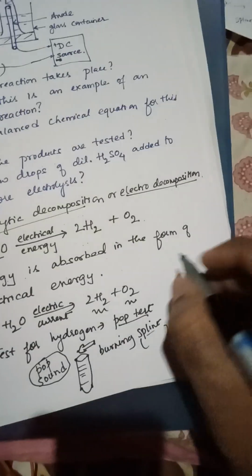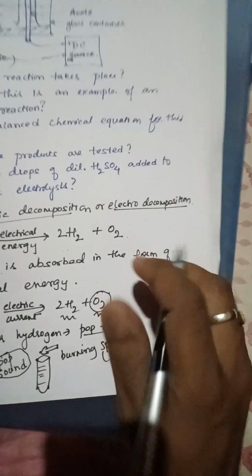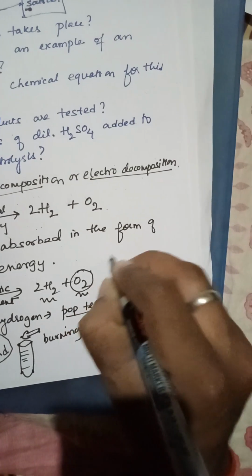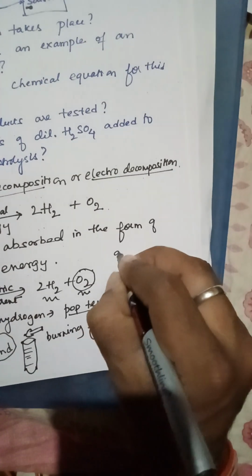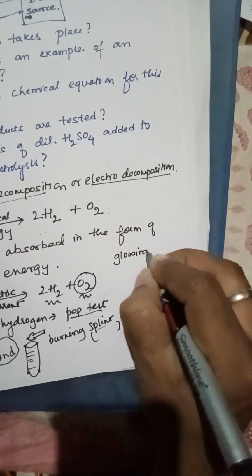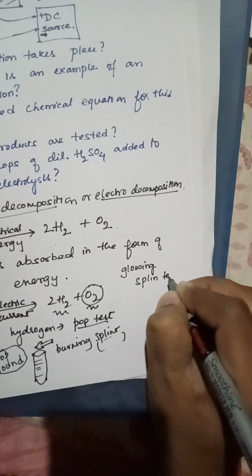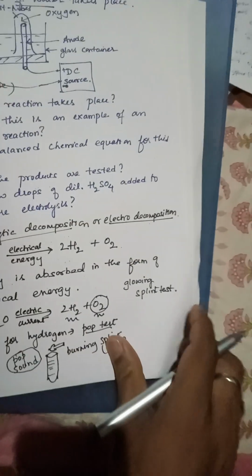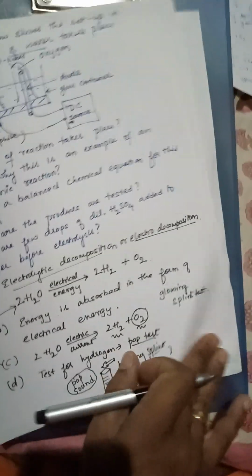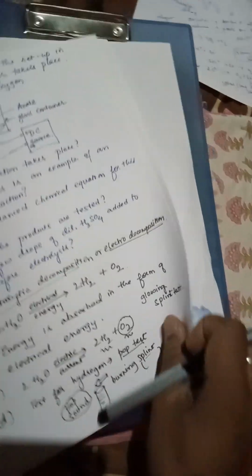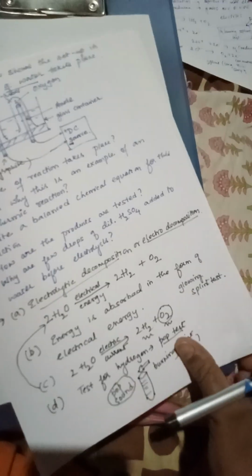Now, what is the other product that needs to be tested? That is oxygen. Oxygen can be tested by a test called the glowing splint test. What is done in this glowing splint test is, first of all, the test tube containing oxygen is taken from the experimental setup.